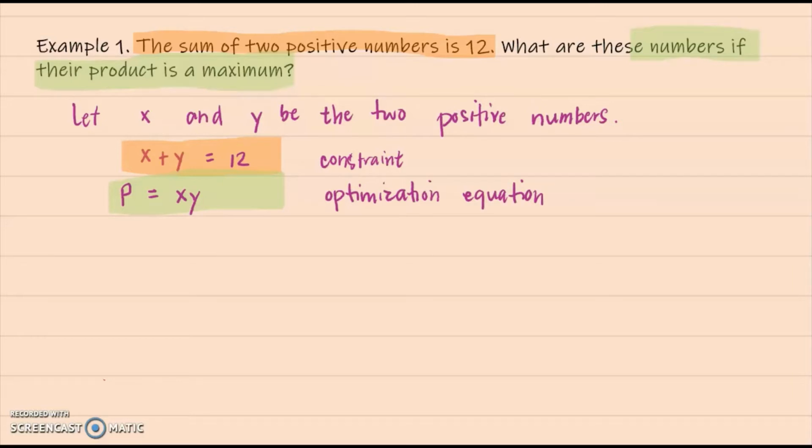So next, solve for one of the variables in the constraint. After we have identified our two essential equations for this problem, then we will solve for one of the variables in the constraint.